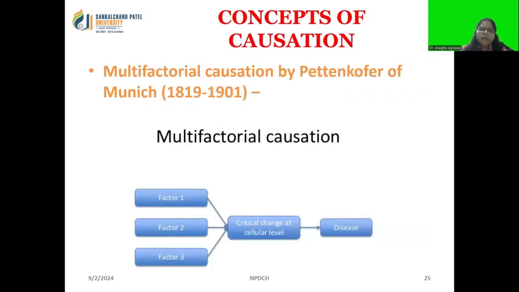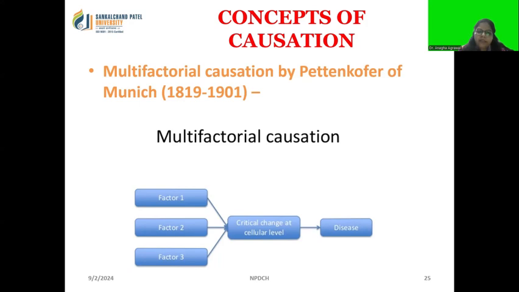Now the next concept is the concept of causation, that is multifactorial causation of Betancourt of Munich. So what he is saying is there is no direct formula like ABC. There is no only one risk factor which is responsible for a disease. For a disease to happen, there are multiple factors acting in tandem, all together, to cause that particular disease.